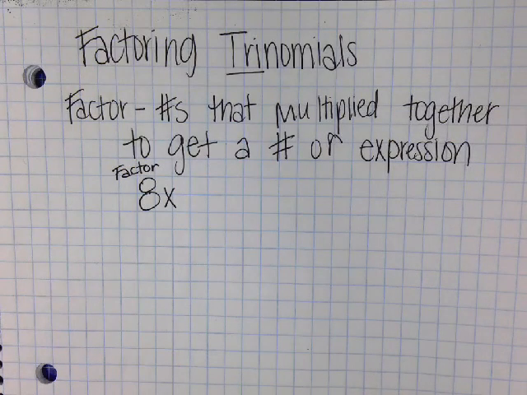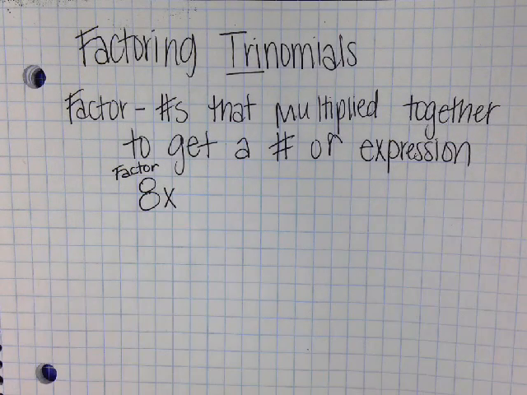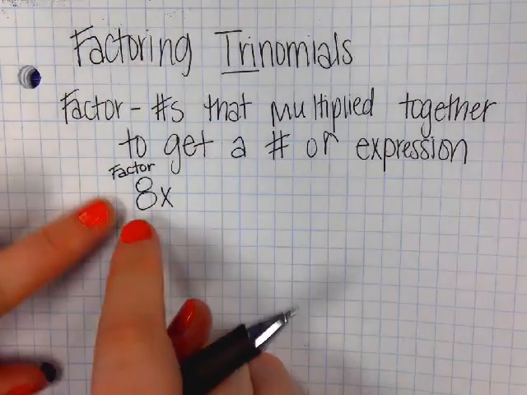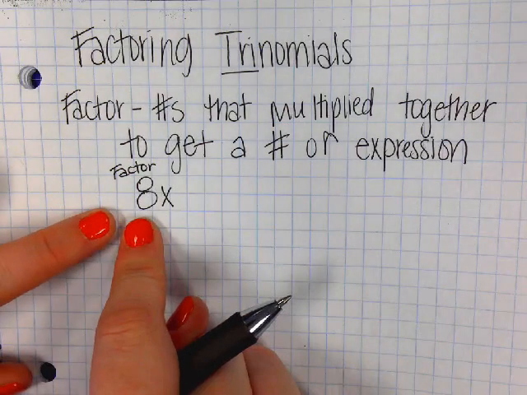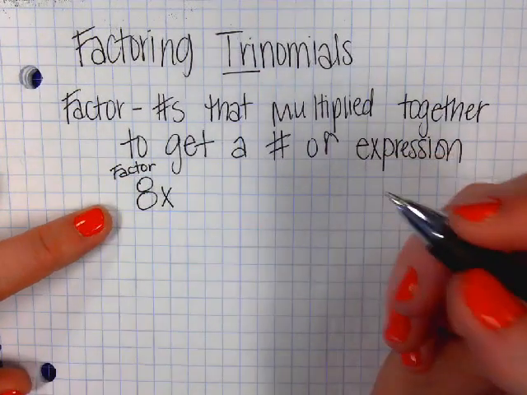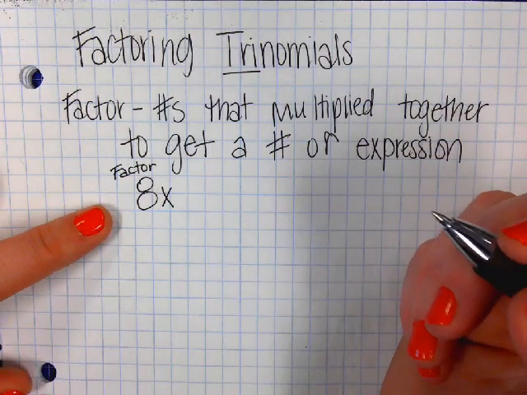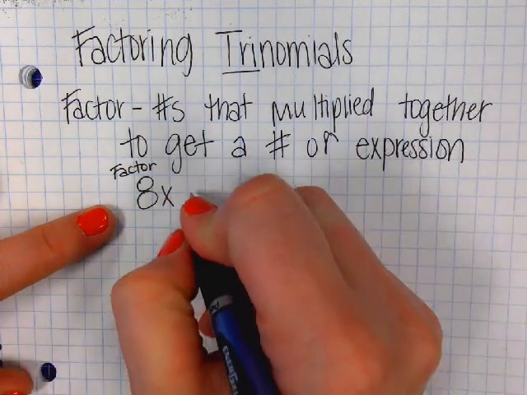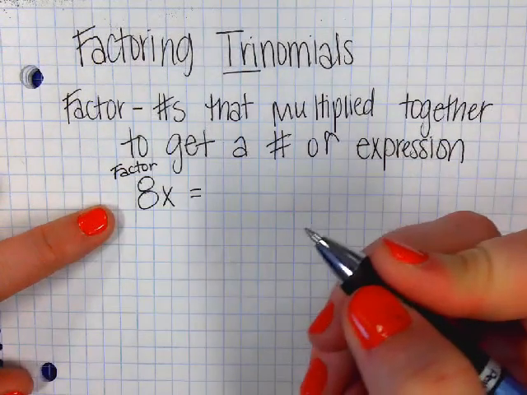So if I said to factor 8x, what two things can multiply to get an 8x? 2 times 4, 1 times 8. One of them has to have an x, right? Because it's 8x. So I'm just going to give one of the factors.